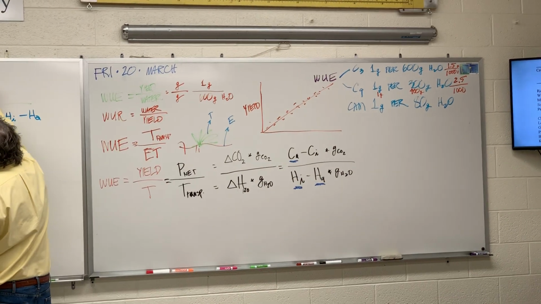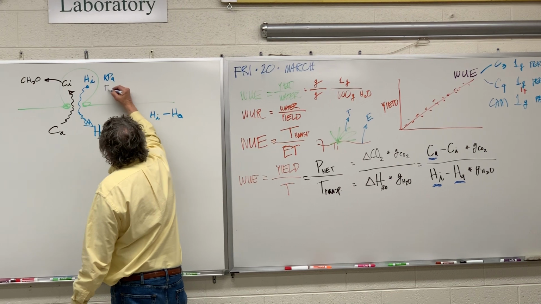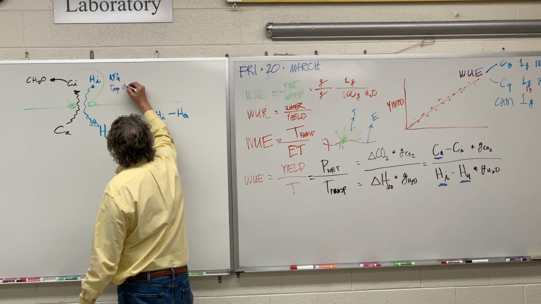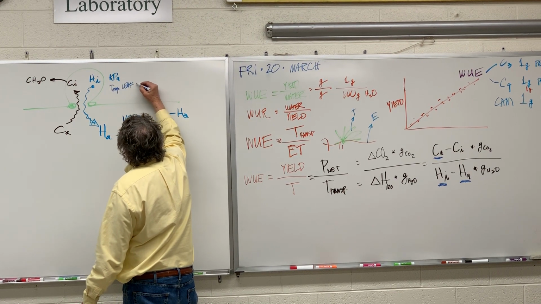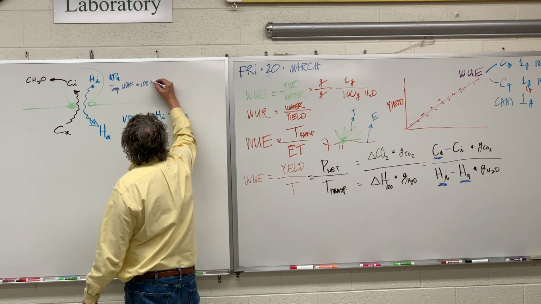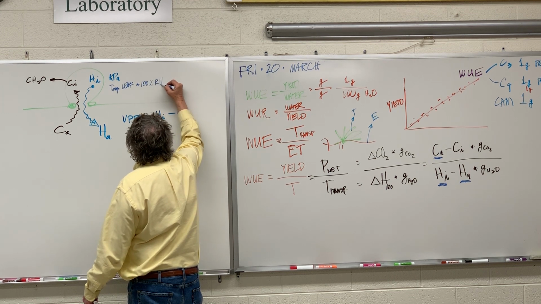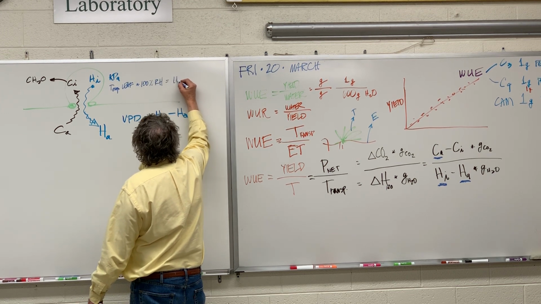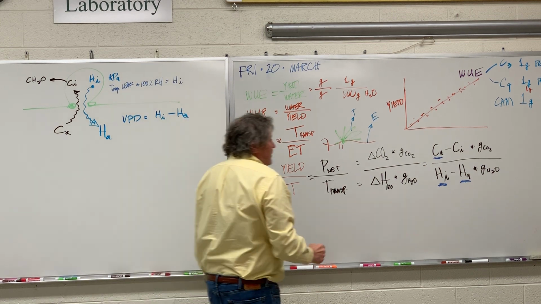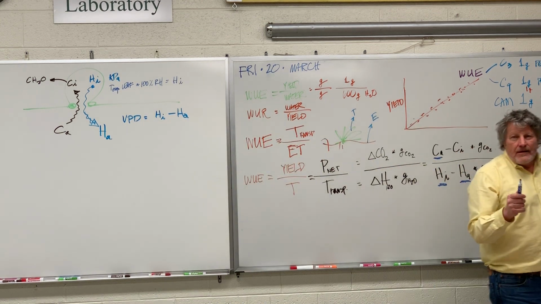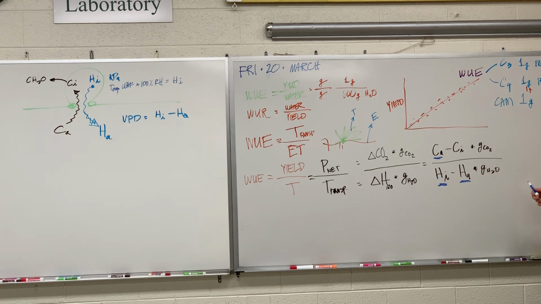So as soon as we know the temp of the leaf times 100% RH is HI. So we can get HI. To solve this, we got to figure out CI and these conductances.